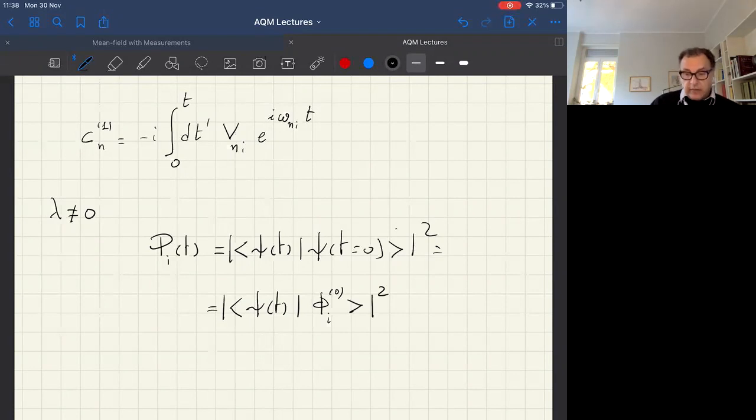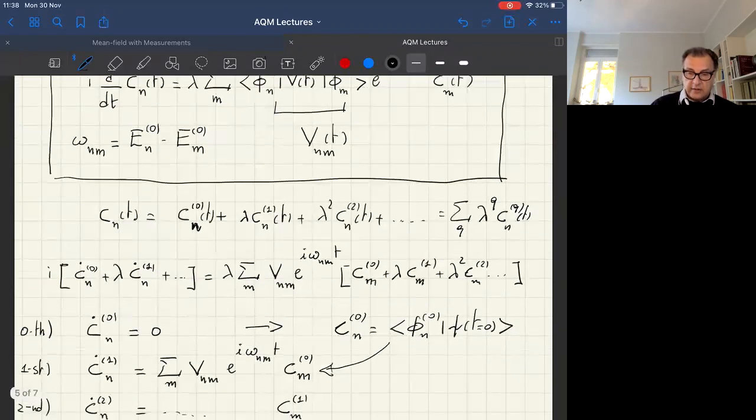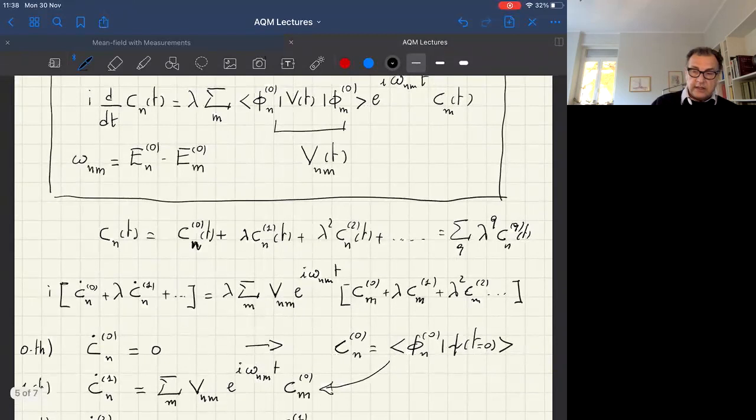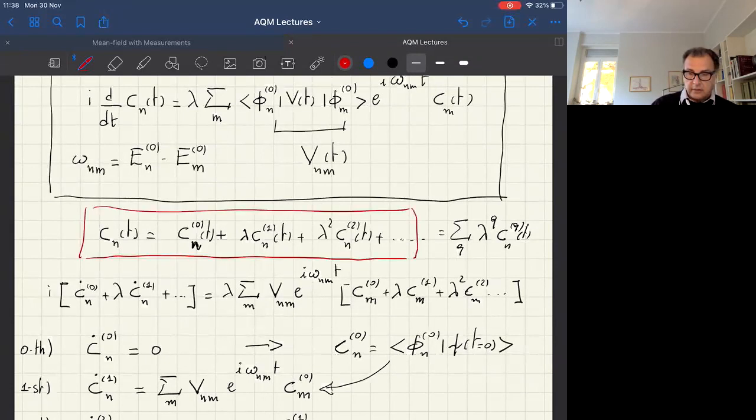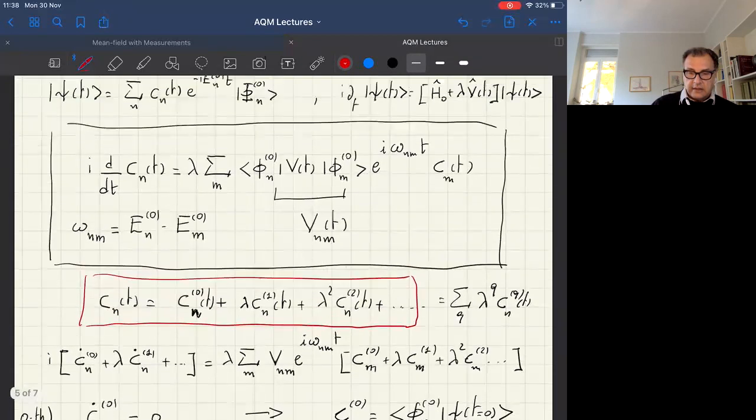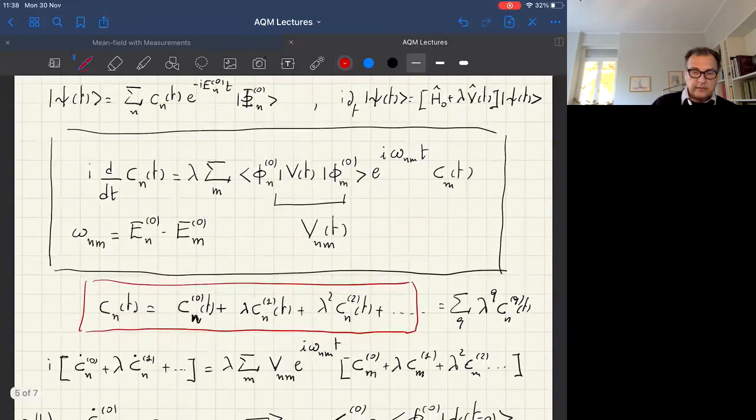Now, can you tell me what is the solution in first order perturbation theory? Let's see if you just get it. I mean, otherwise we discuss. So I just come here. So you should look at this expression here. This one and this one.